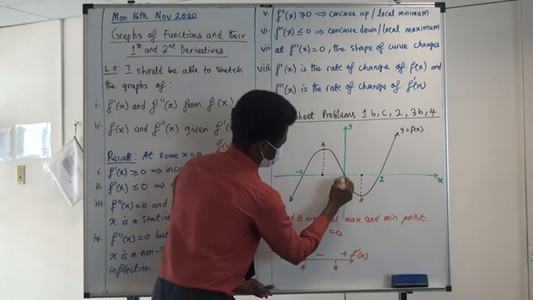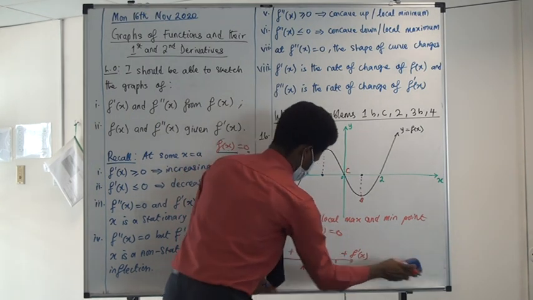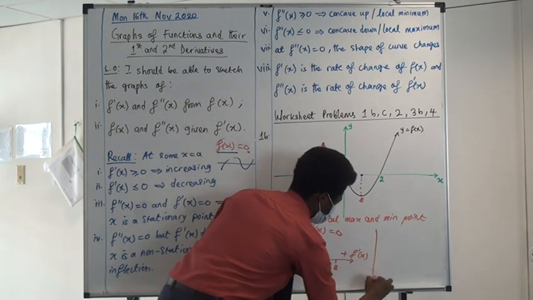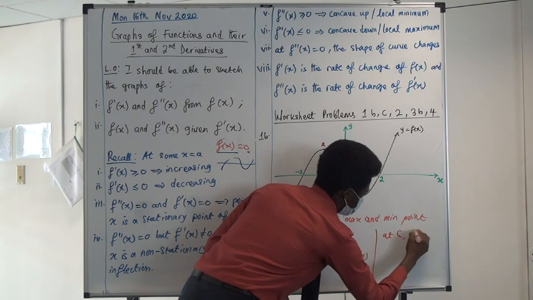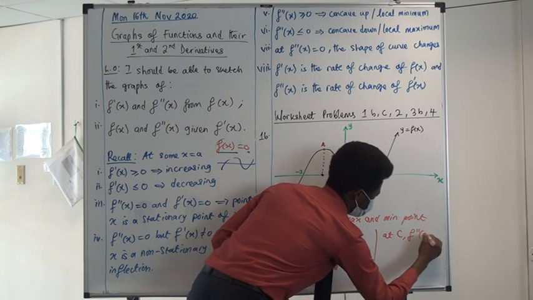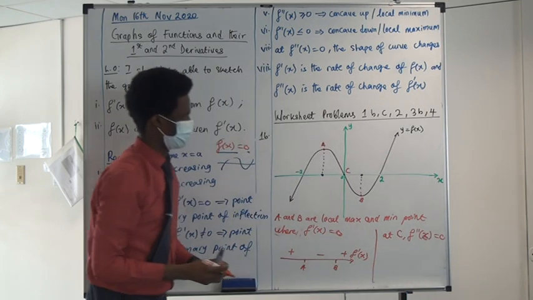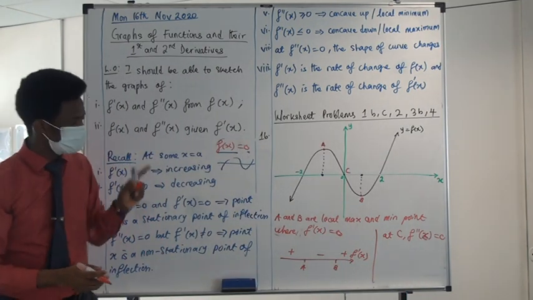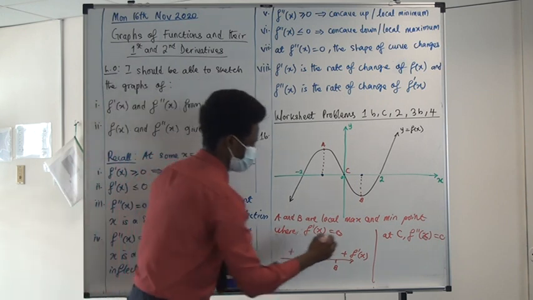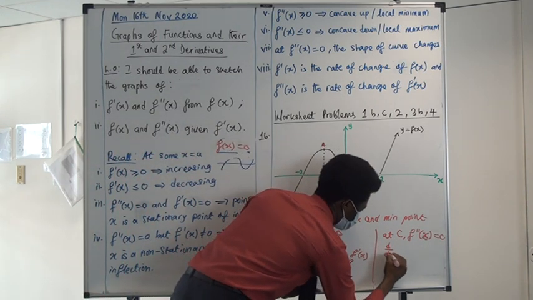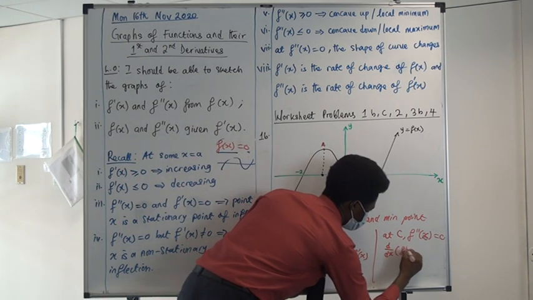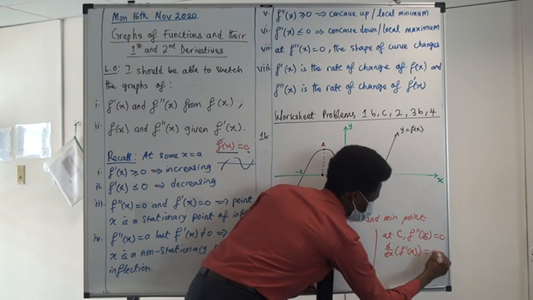Then one last point. This point, let's call that C. At C, we know that that is equal to 0. This means something. It means the derivative of the first derivative is equal to 0.